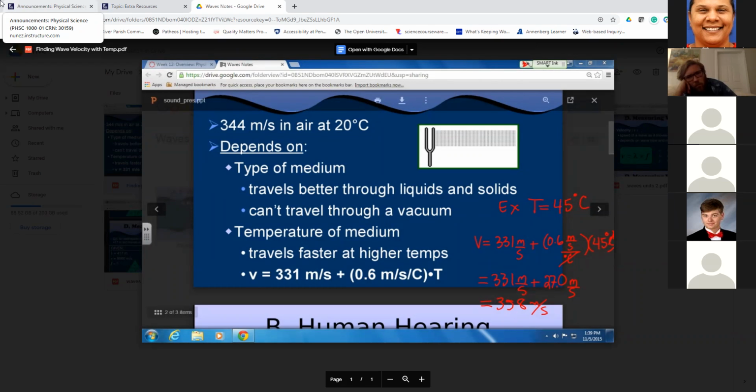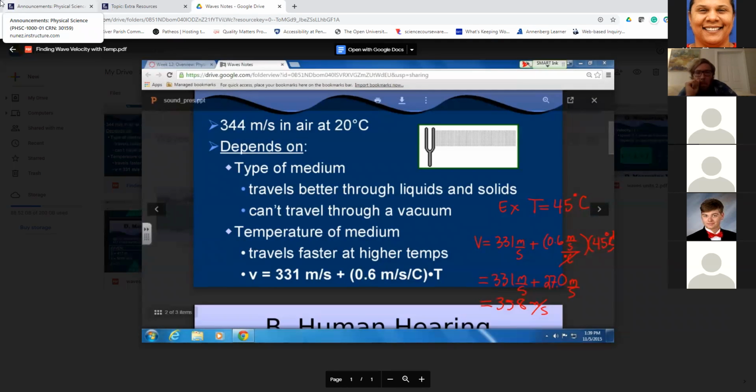All right, so you can see here on this slide, it tells you that if air is at 20 degrees Celsius, sound will travel at 344 meters per second. So that makes the question come up, well, what if the air is not at 20 degrees Celsius?